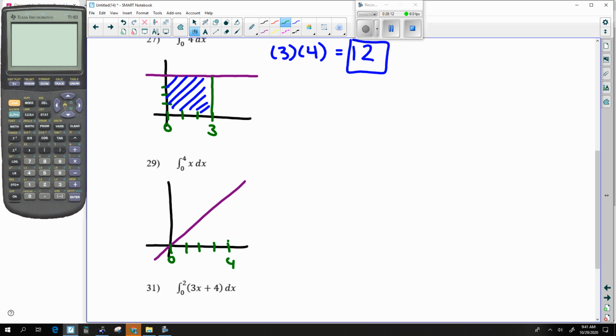So at 4, this is going to have a height of 4. And what they want is, what is the area underneath this curve from 0 to 4? So they want to know what is this area right here. That is a triangle, so that's 1/2. The base is 4, and the height is 4.